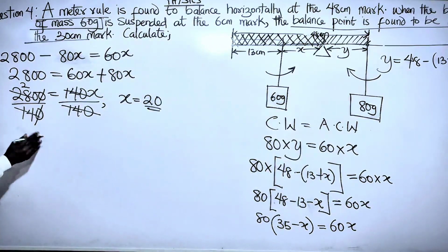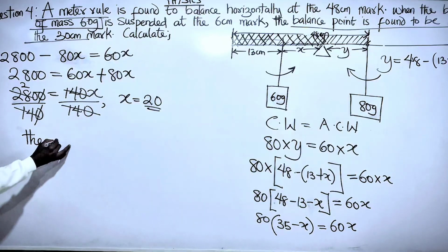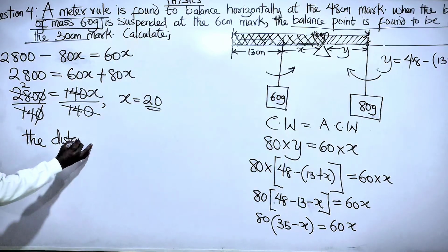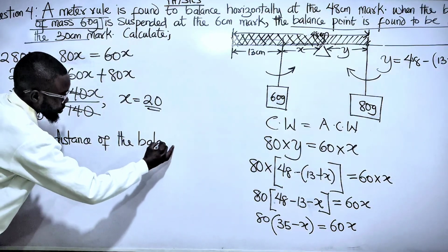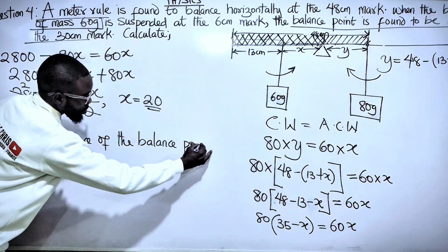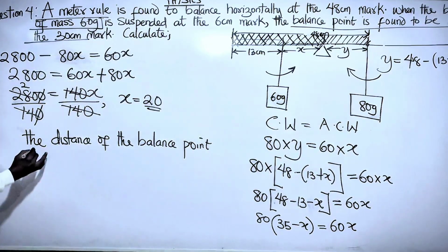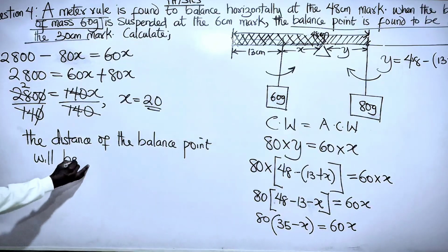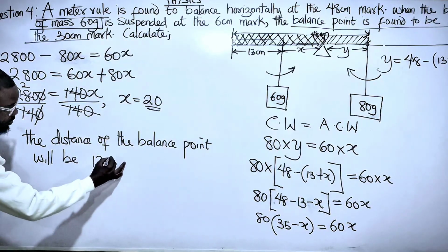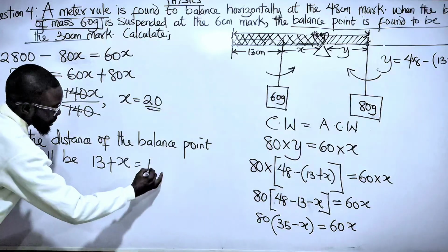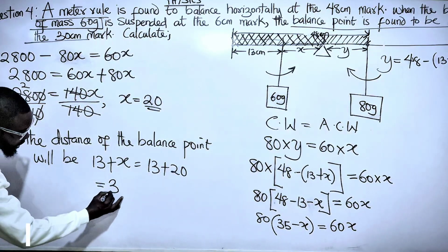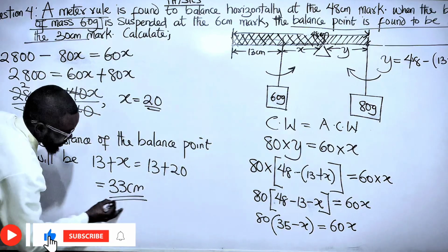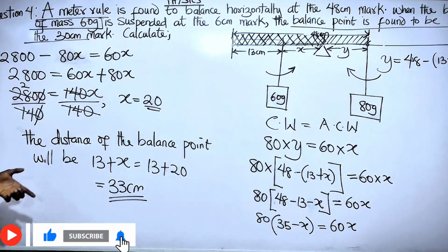The distance of the balance point will be 13 plus x, which is 13 plus 20. That gives us 33 centimeter. See, now we have the distance of the balance point as 33 centimeter.